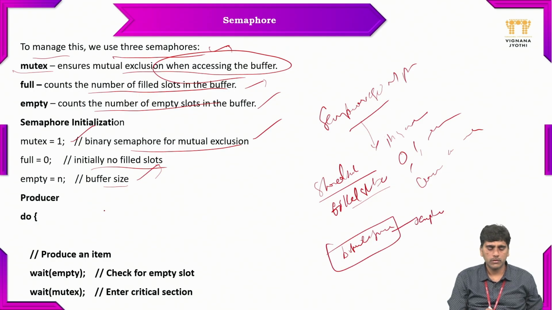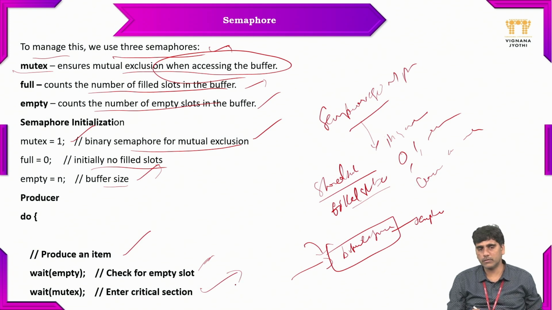So how are we doing this? The producer performs the operations: produce an item, wait on empty. We check for an empty slot, and if any empty slot is there, yes, because we initialized with no filled slots, right? So we found an empty slot, then wait on mutex, so enter into the critical section.